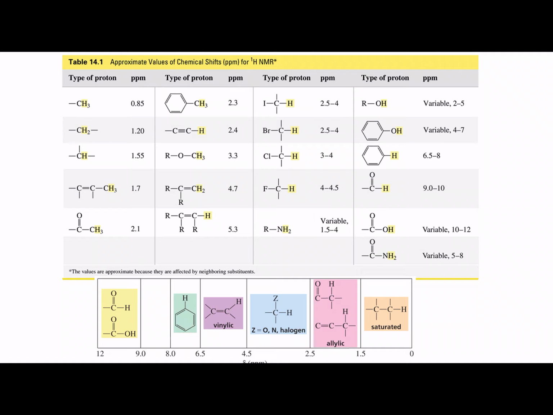And then the aldehyde hydrogens, very de-shielded, 9 to 10. Carboxylic acid, very de-shielded, 10 to 12, because of the electronegativity of the oxygen as well as the resonance stabilization over here.